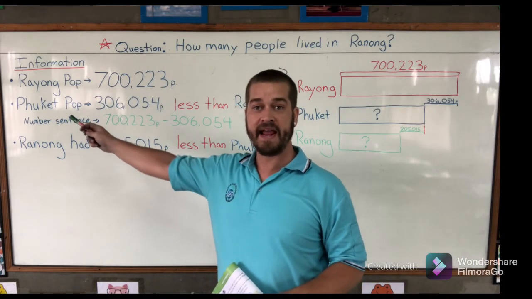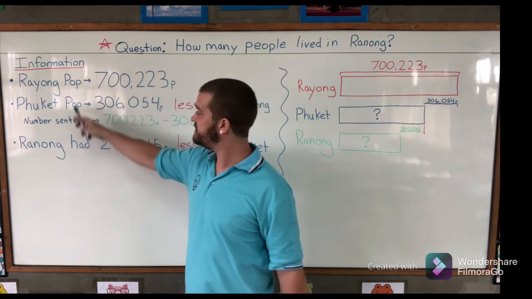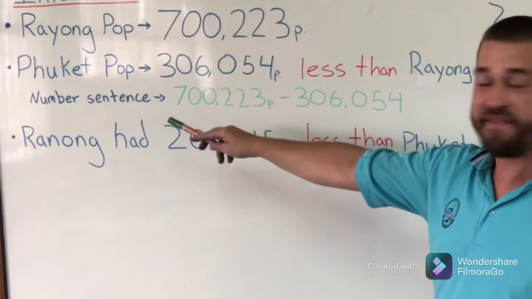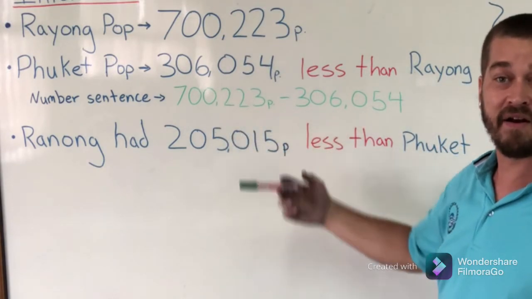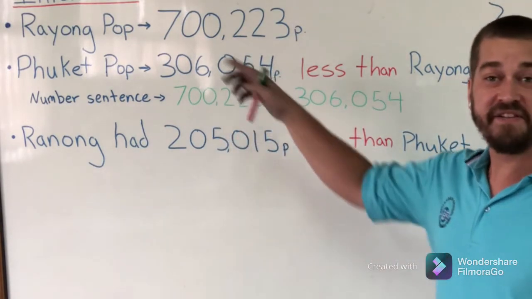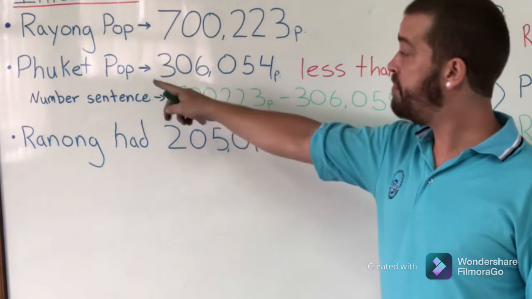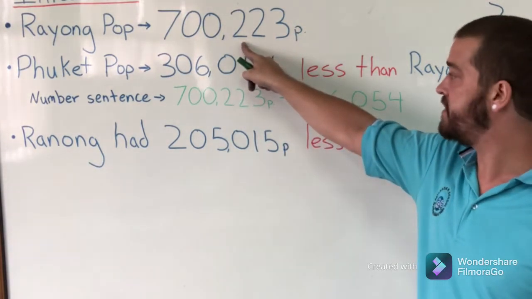So let's go back to our facts. I've actually written a number sentence right here. So the number sentence for the first two facts is that we need to find a number that's Rayong minus the amount of people that are not in Phuket. We need to find out the population of people in Phuket. And Phuket has this much less than this much.